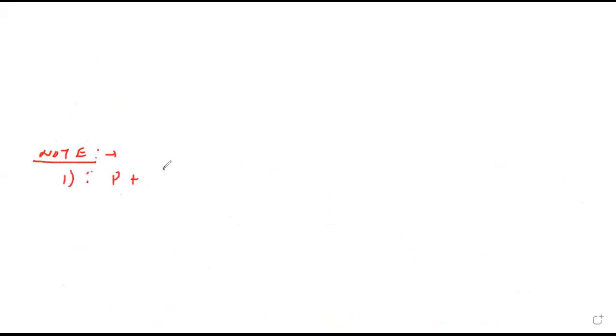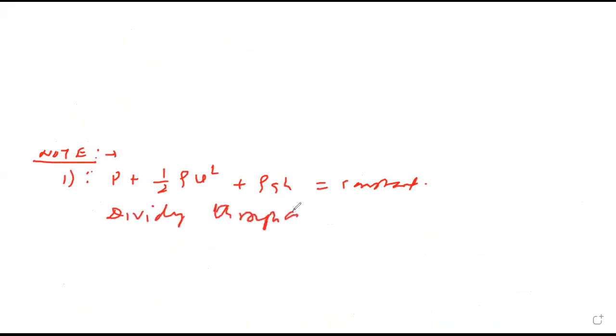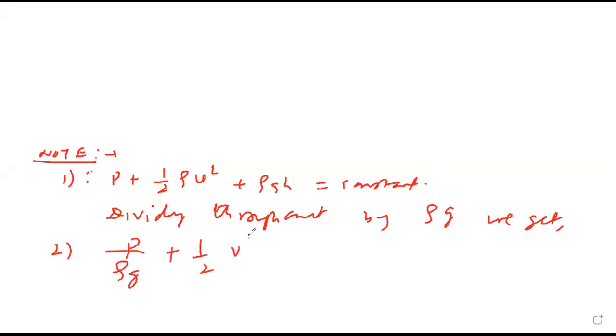Since P plus half rho V square plus rho G H is constant, if we divide throughout by rho G, we get P upon rho G plus V square upon 2G plus H is constant.